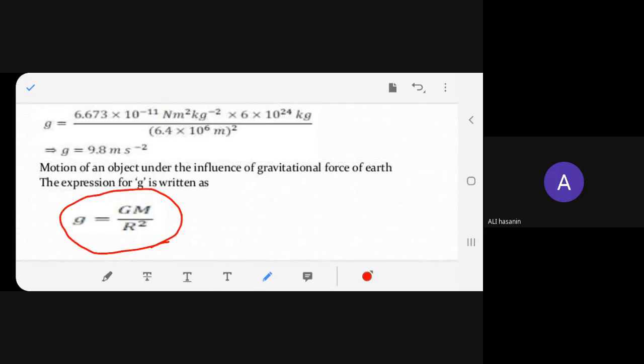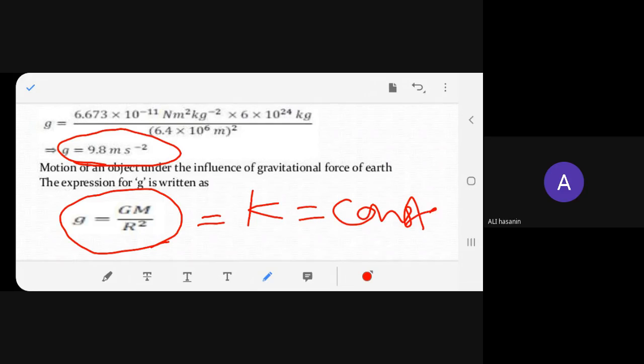This is the formula that you got. Acceleration due to gravity is 9.8 meter per second square, equal to k, a constant. It never changes. What is k? Constant. That's why I've put it as equal to.